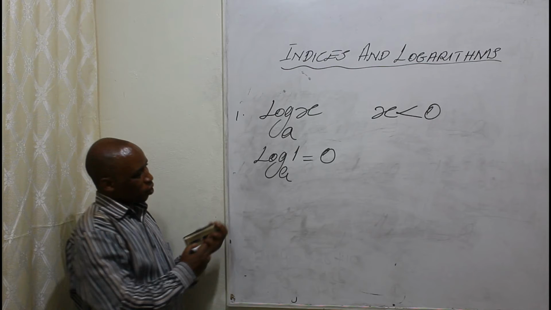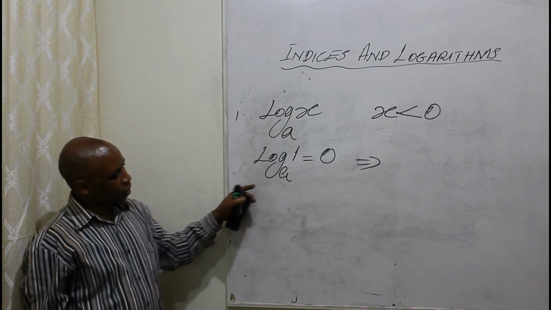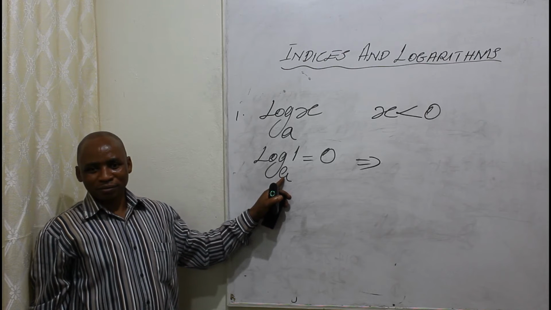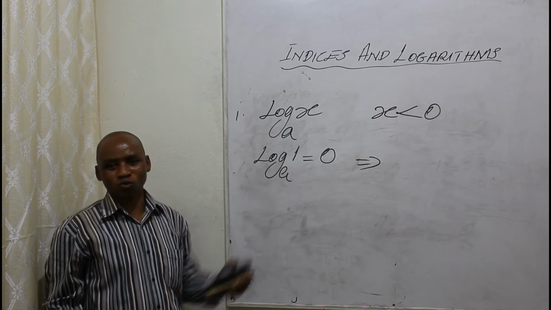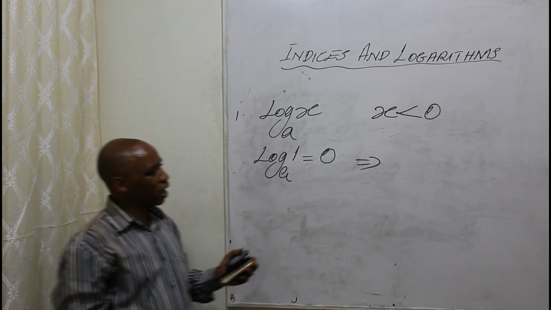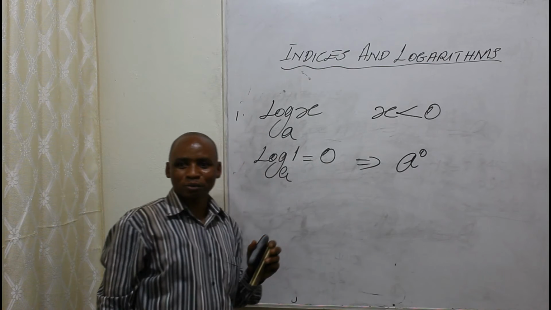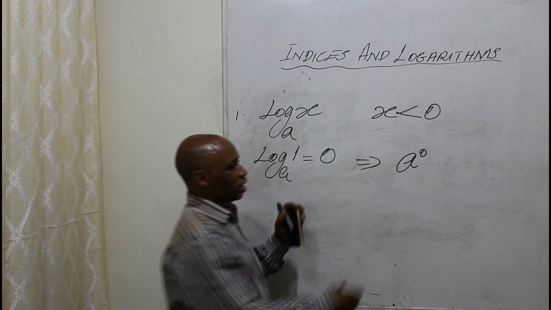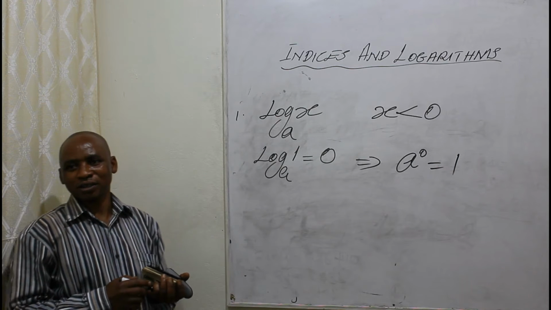Why? Because if we explain this as it is put here, what power must a be raised to give us 1? Of course, we know that any number raised to the power 0, from the properties of indices, is always equal to 1. And I think this was proved under indices.